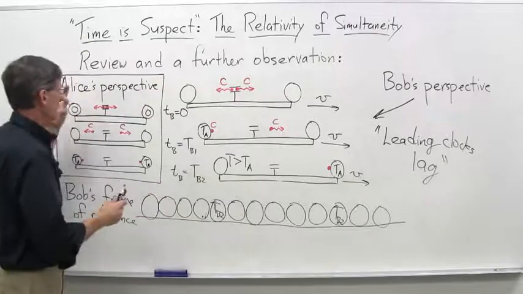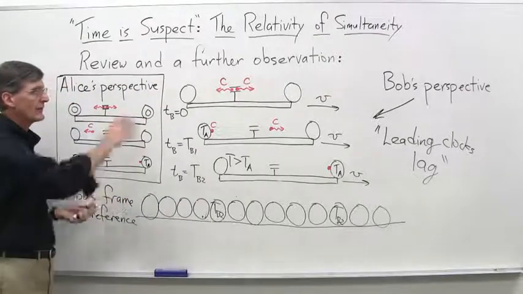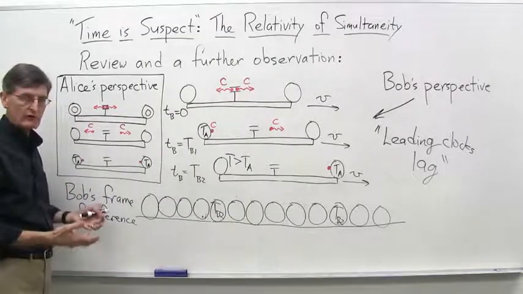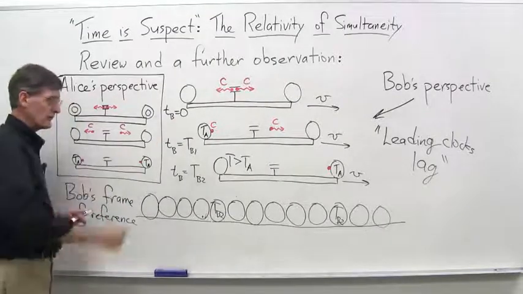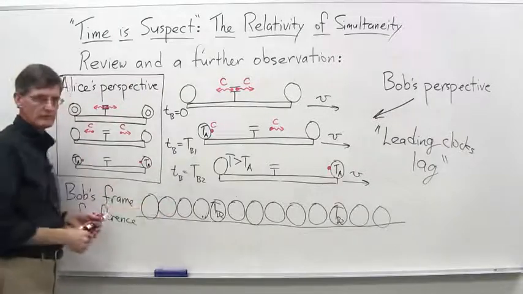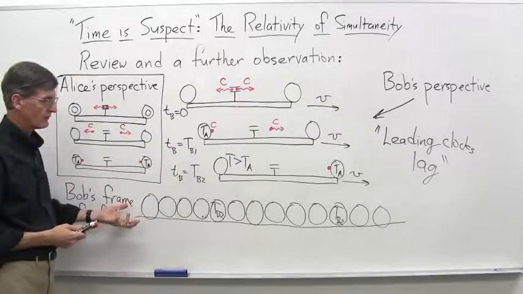Okay, so a review of this first real aspect of weirdness we get, the relativity of simultaneity, the relativity of clock synchronization. Bob synchronizes his clocks, Alice synchronizes her clocks, but Bob thinks Alice has messed up. Alice thinks Bob has messed up in terms of his clock synchronization.